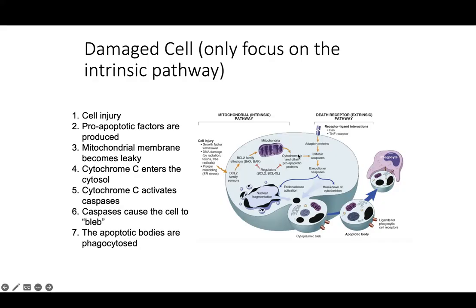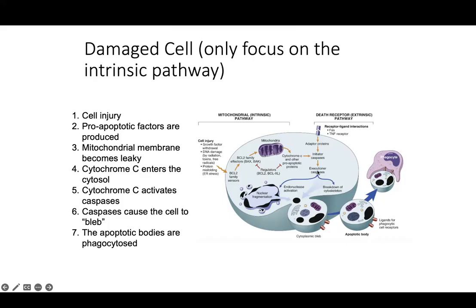There are two types of caspases that are going to be activated. Cytochrome C is going to start by activating initiator caspases. Then those initiator caspases are going to activate the main caspases that are actually going to kill the cell, and they have a very draconian name. They're called executioner caspases.